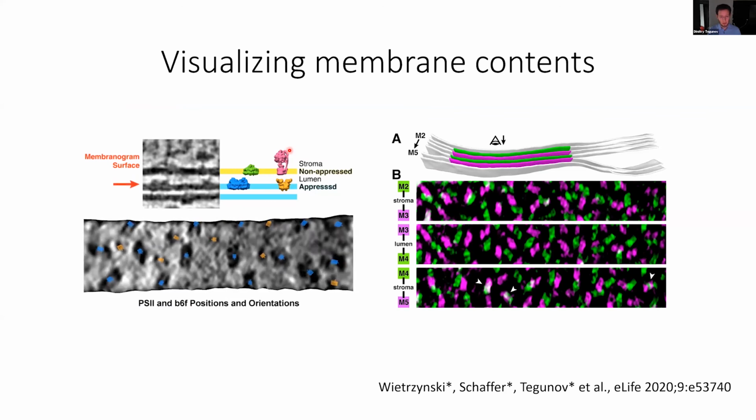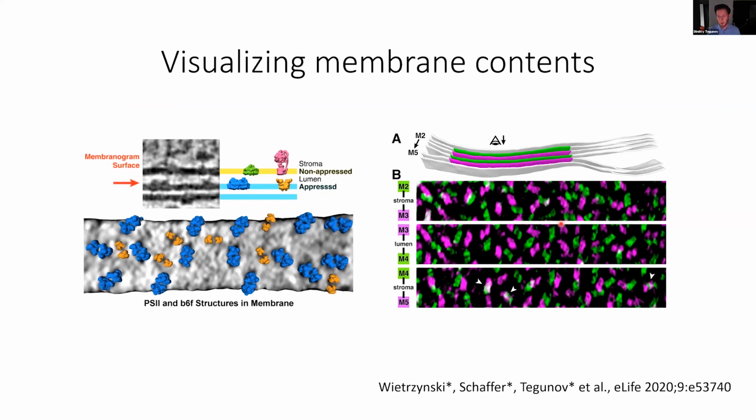And as you can see here on the right, the software also lets you planarize the membranes and then align the views of several adjacent membranes or different sides of the same membrane. So you can make these nice overlays, like you can see here, to see whether the proteins are in fact somehow organized between the individual membranes.